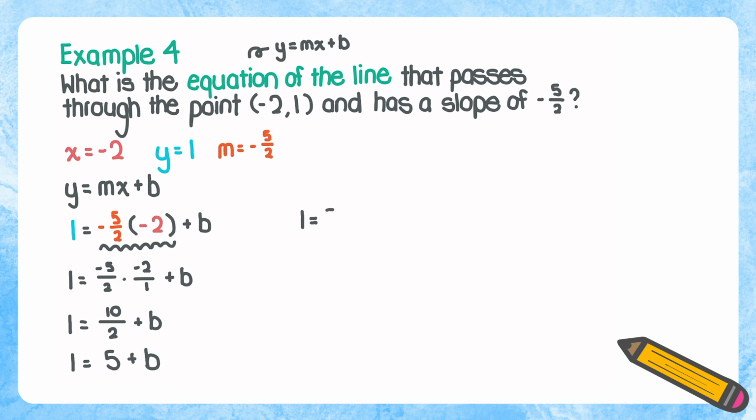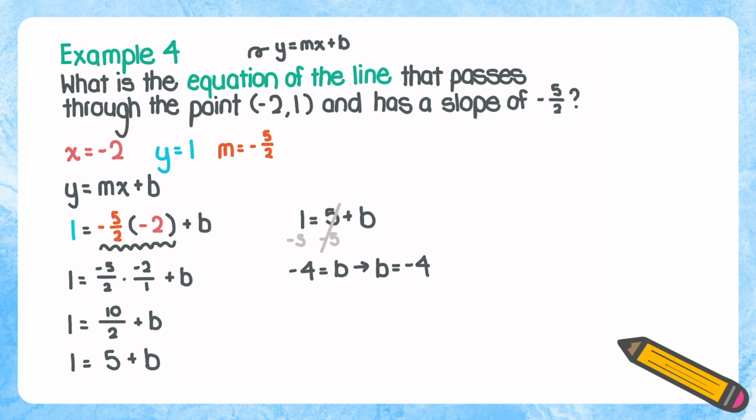Right, so 1 equals 5 plus b, and then how do I isolate the b value? I'm going to subtract both sides by 5, and this cancels out. 1 minus 5 equals -4, so -4 equals b, or b equals -4.